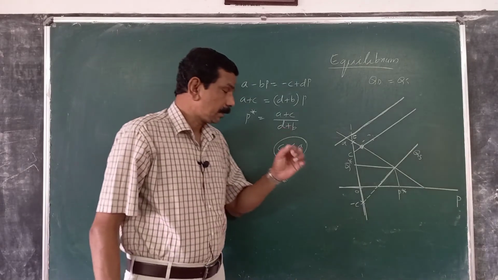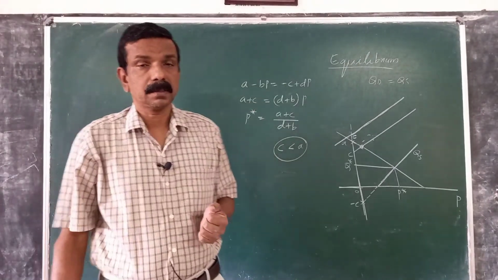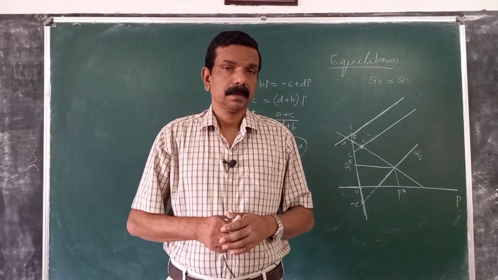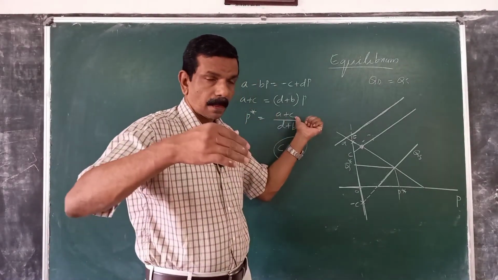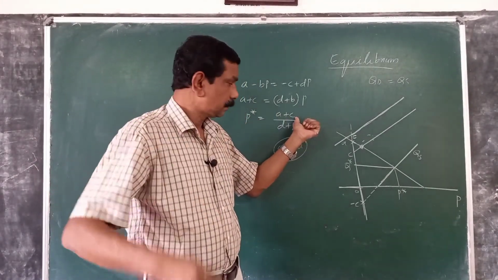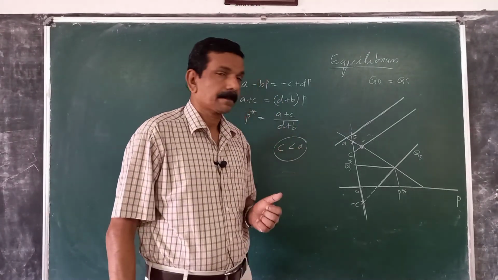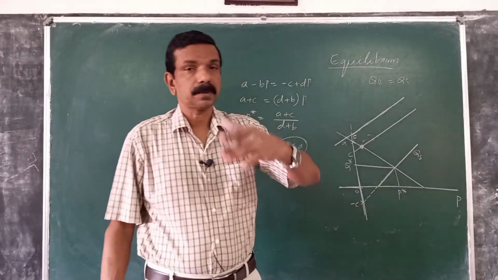So, the reason why we take C as negative is to ensure that the commodity under consideration is a normal good with a positive price. But if you take C as positive, you must impose the condition that C is less than A. Otherwise, in equilibrium, you will not get a positive price.